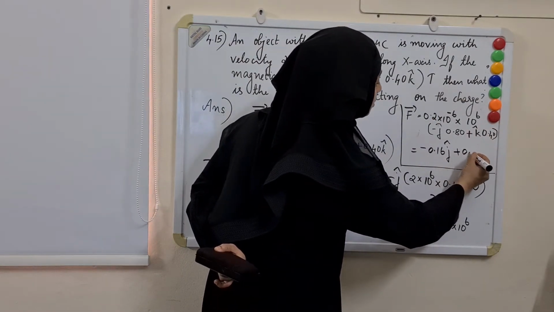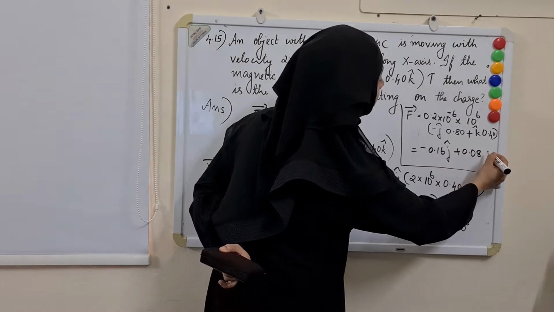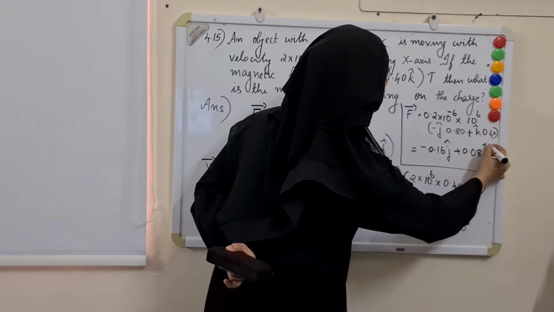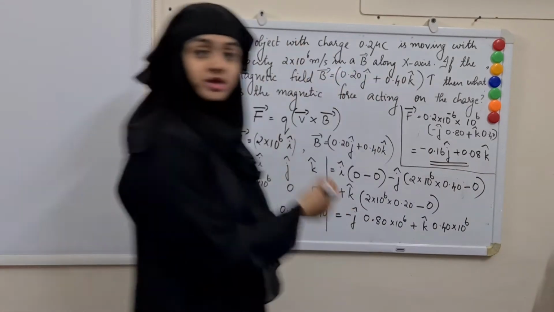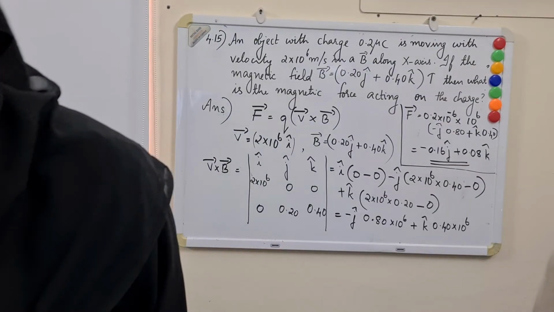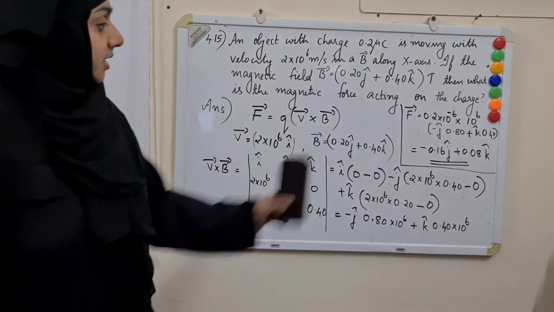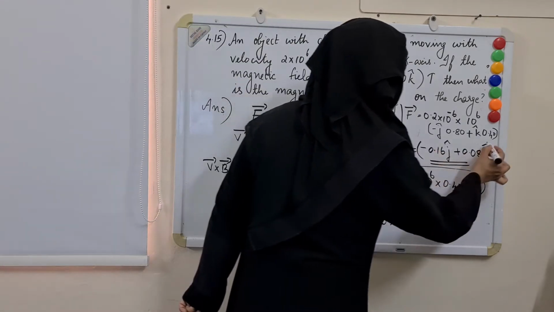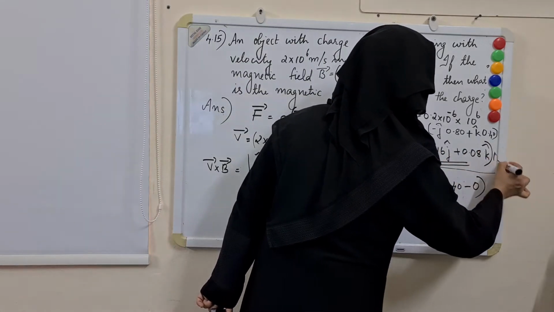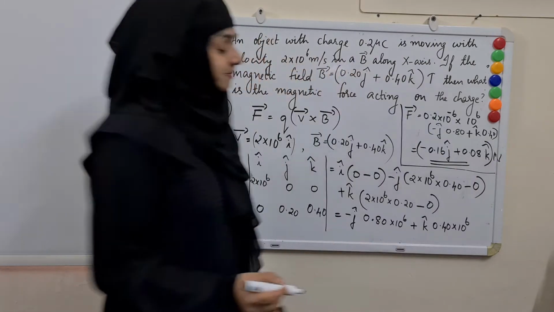So it will be 0.08 times K cap. Let me verify whether this is the answer. Yeah, this is the answer. And what is the unit? Unit is N, Newton for force.